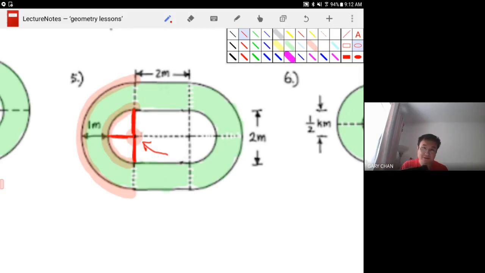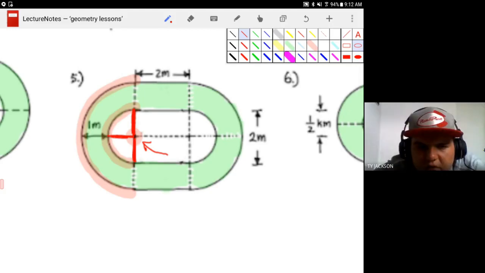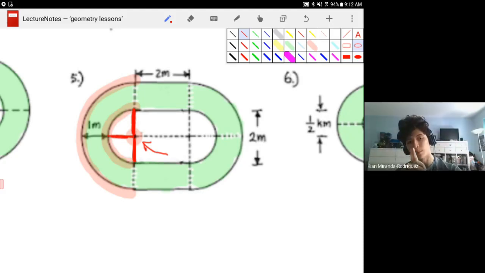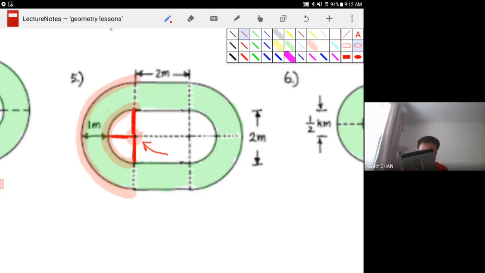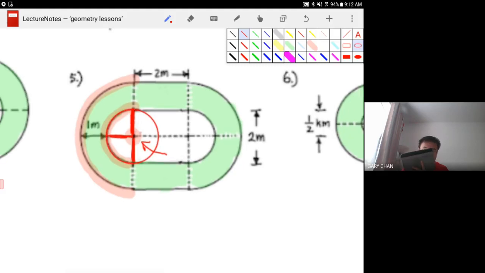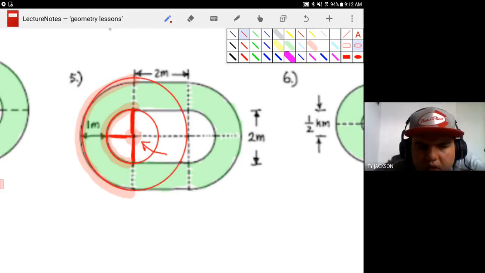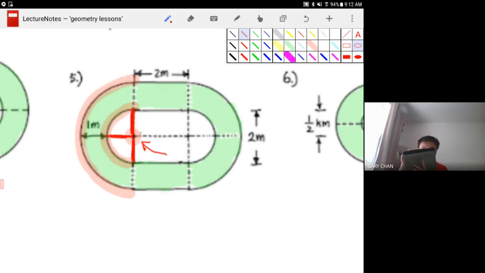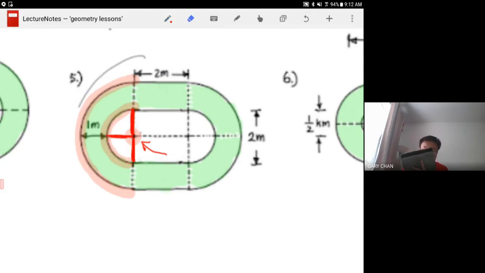Center of what though? Of that semicircle. That's it. It's the center of the semicircle there, right? It's also the center of this bigger circle. Do you guys see that? Yep. So the intersection is in fact the center of those semicircles.